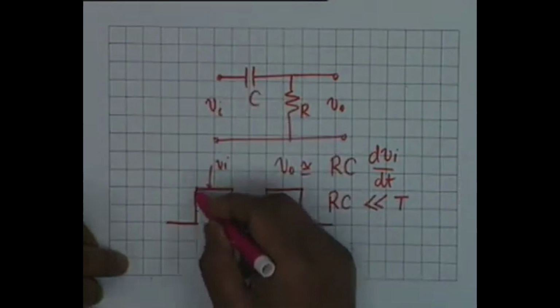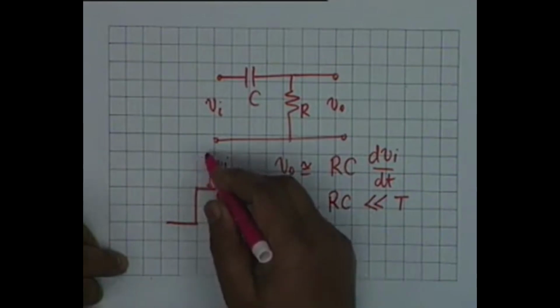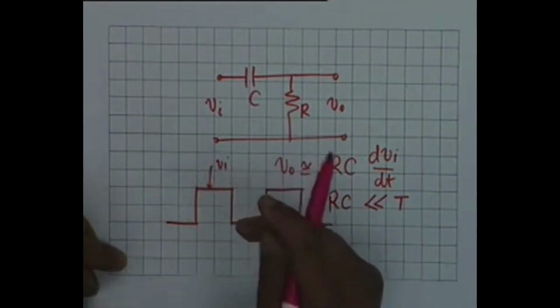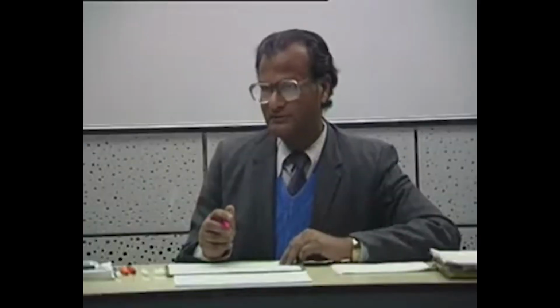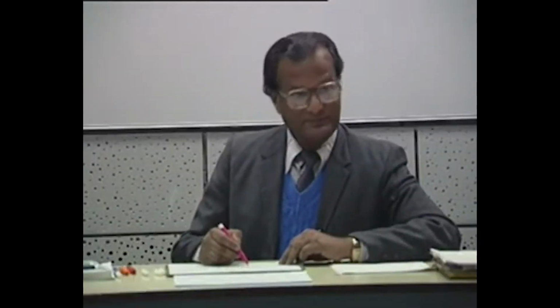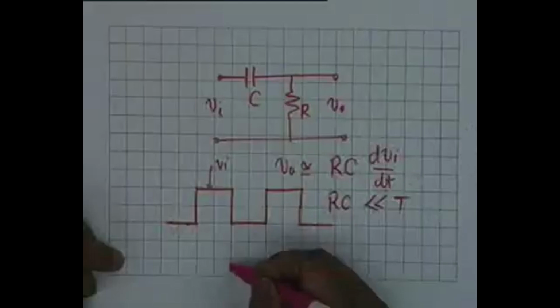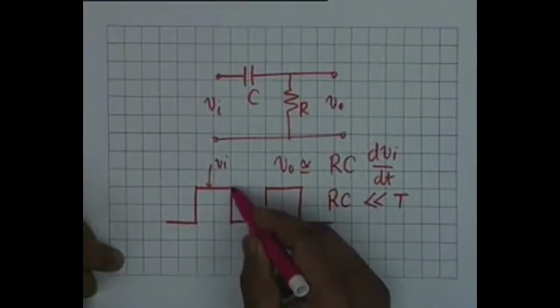So there should have been an impulse here, an infinitely large amplitude, zero duration, and there would have been a negative impulse at this point where the amplitude goes down.